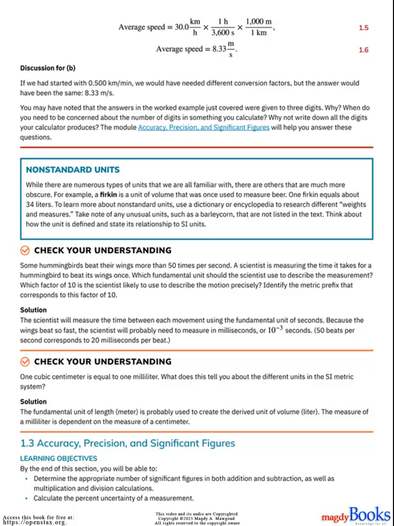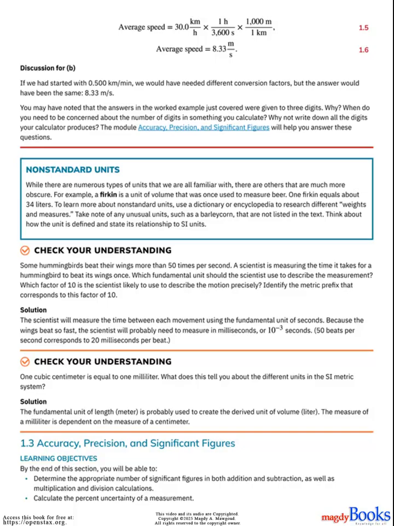Identify the metric prefix that corresponds to this factor of 10. Solution. The scientist will measure the time between each movement using the fundamental unit of seconds. Because the wings beat so fast, the scientist will probably need to measure in milliseconds or 10 to the power of -3 seconds. 50 beats per second corresponds to 20 milliseconds per beat.